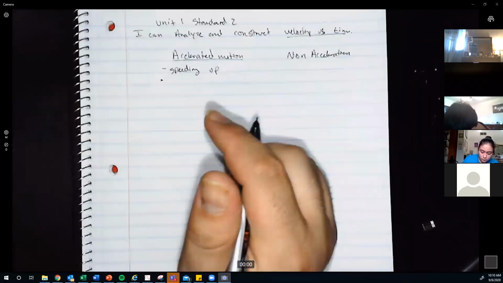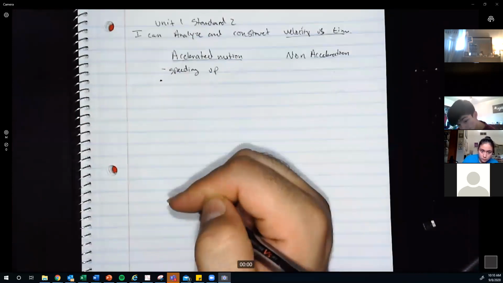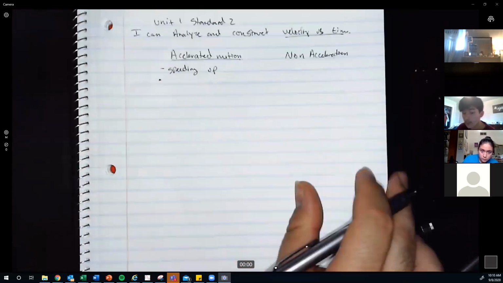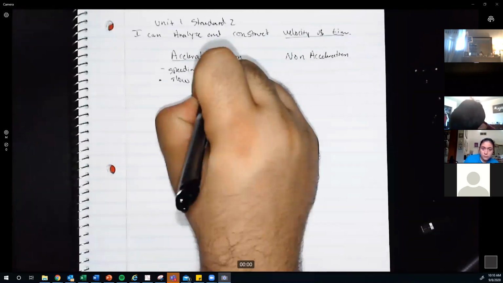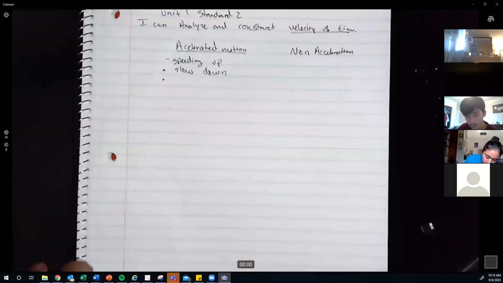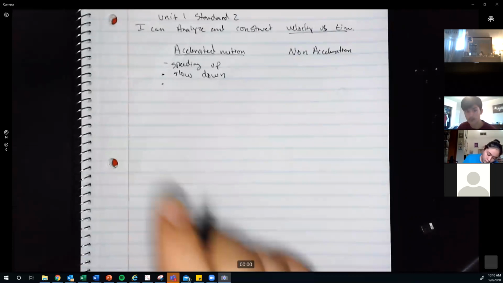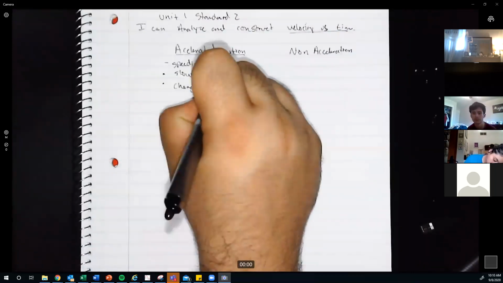So you could speed up, or, remember your body can actually feel acceleration, you slow down. Yeah, you can slow down. And the last thing you could do, and this is something we're not really going to analyze with the velocity time graph, is just changing directions.